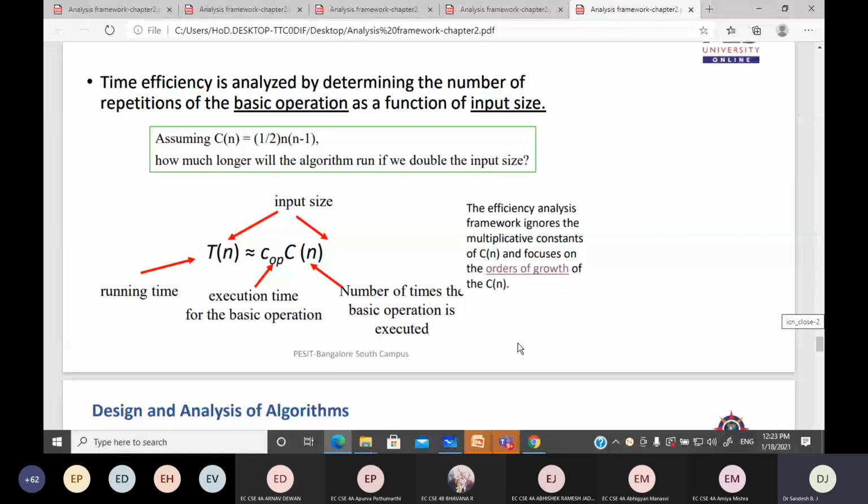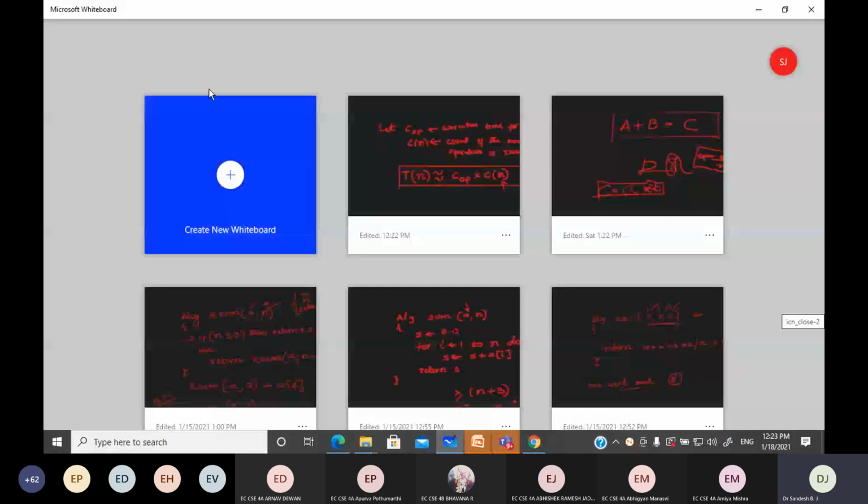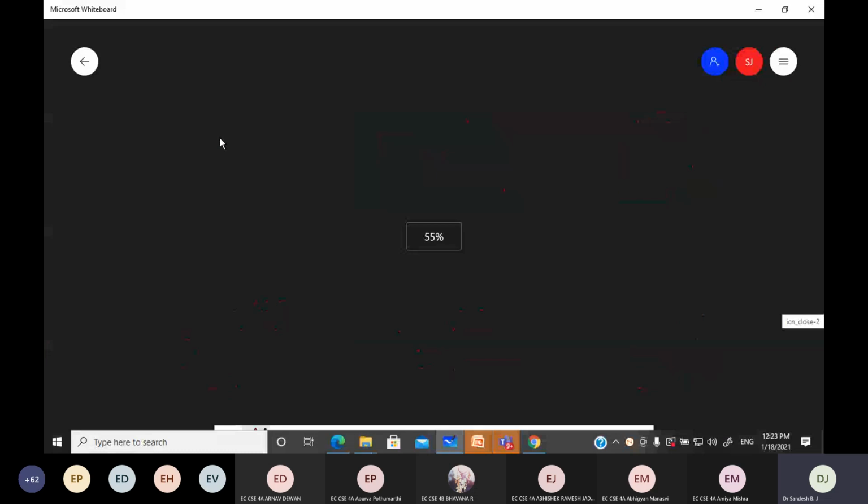Okay, so this evaluation will also help to answer questions such as how much faster would this algorithm run on a machine that is 10 times faster than the one we have. Can we answer this question by knowing the time T(n) to execute the program?